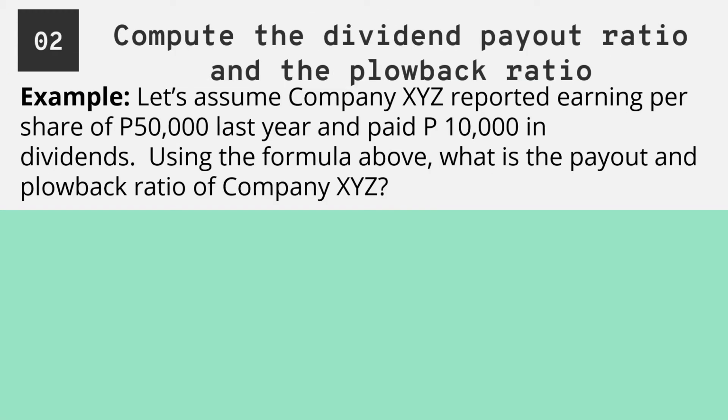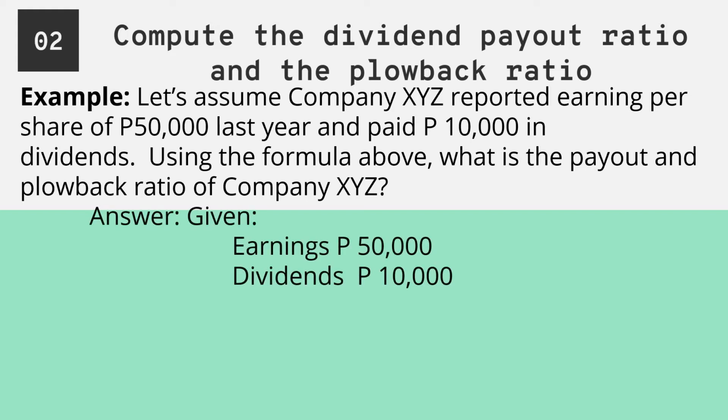This is another example. Let's assume company XYZ reported earnings of 50,000 pesos last year and paid 10,000 pesos in dividends. Using the formula above or from the previous slide, what is the payout and the plowback ratio of company XYZ?